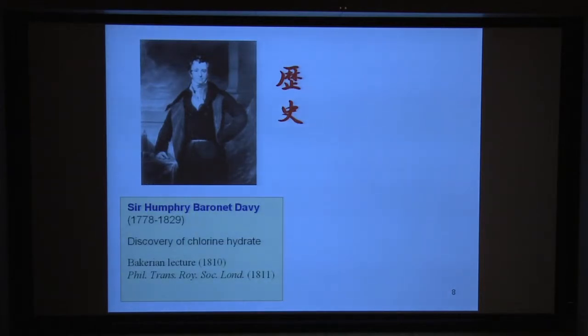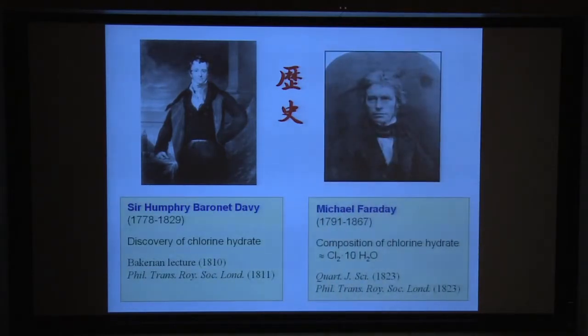And what has been recorded is that Sir Humphry Davy gave a lecture at the Royal Society in the UK, and in 1811, the paper was published in the Philosophical Transactions.